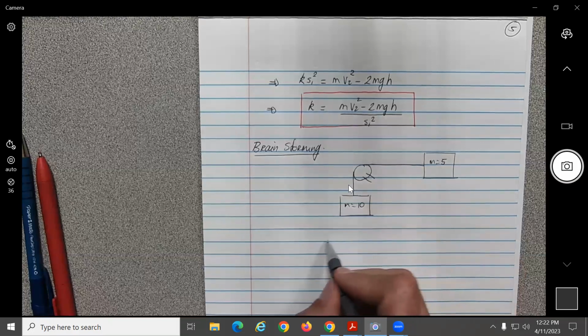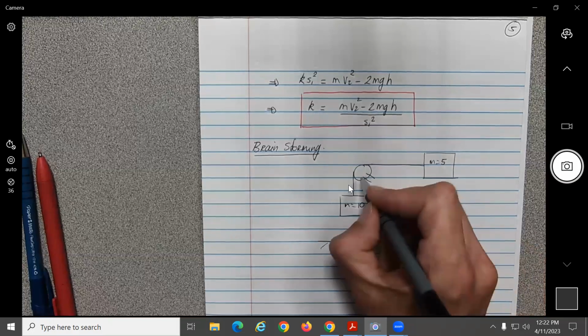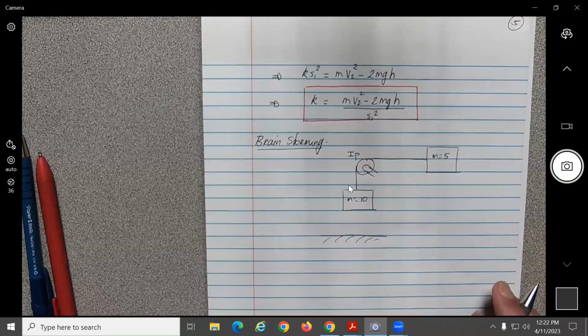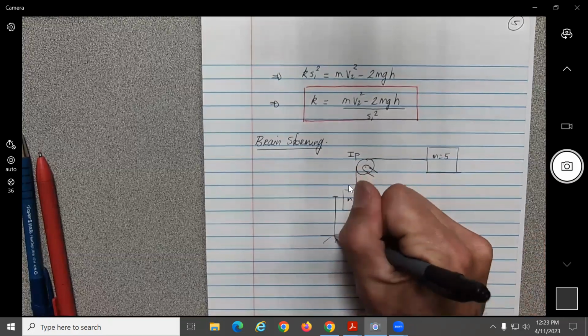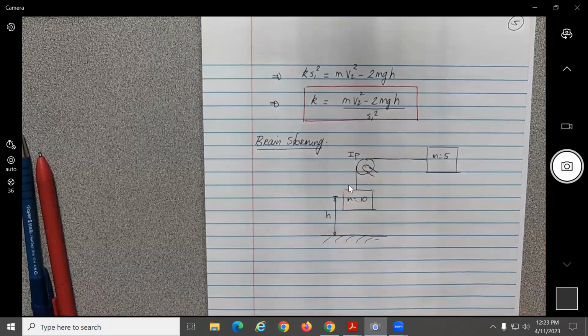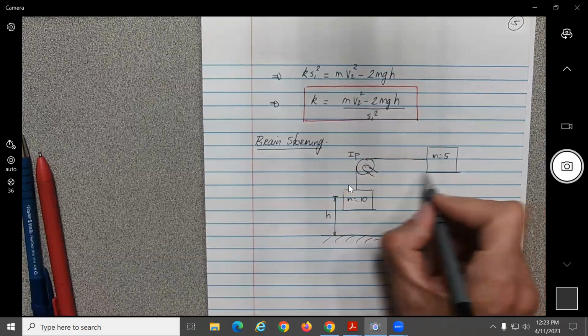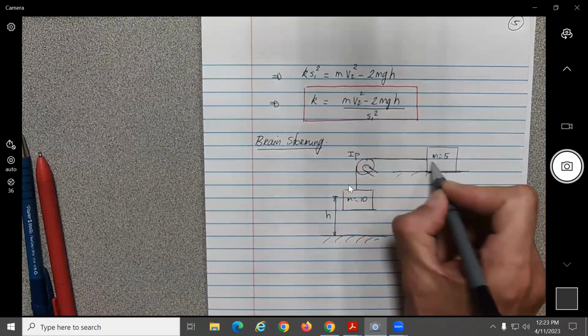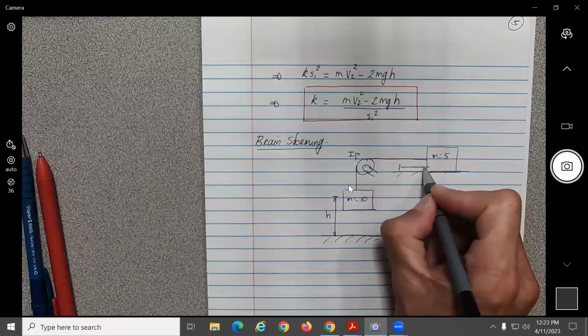Now imagine that I say the system is initially at rest. This block is going to fall a distance h. How much is this block going to move?